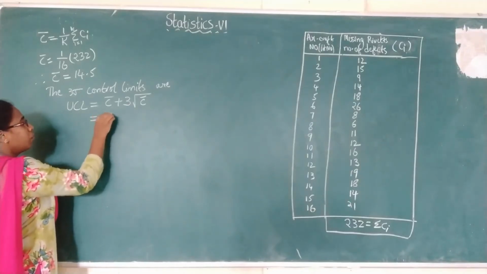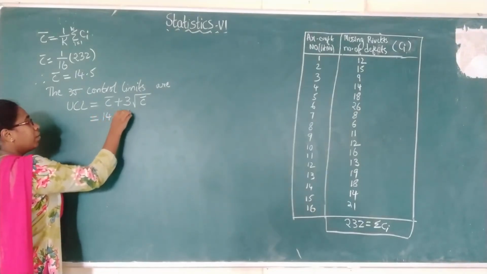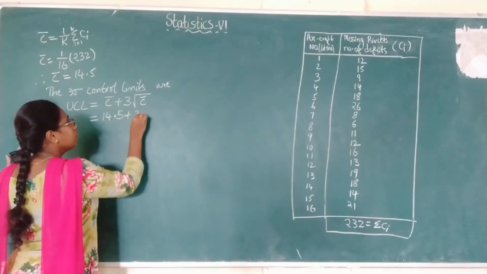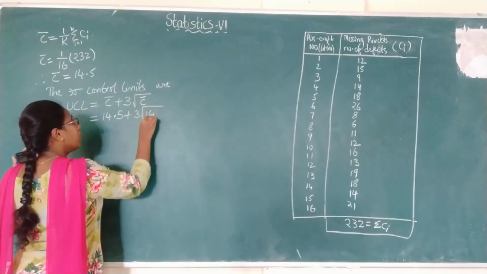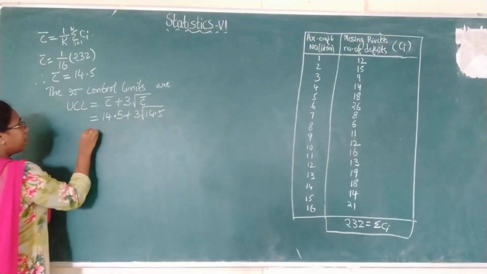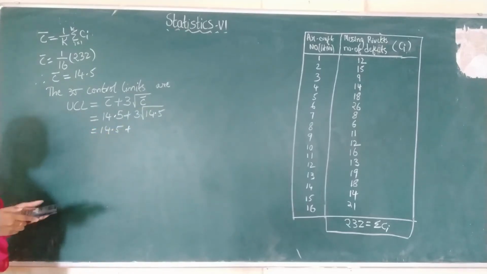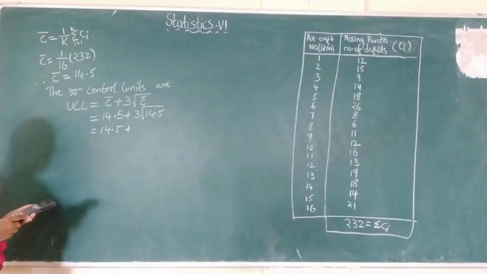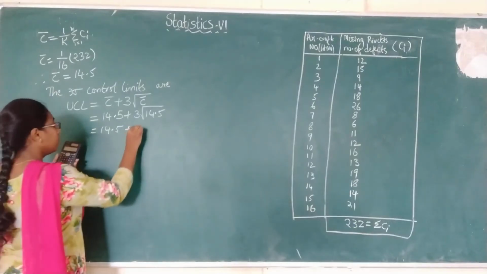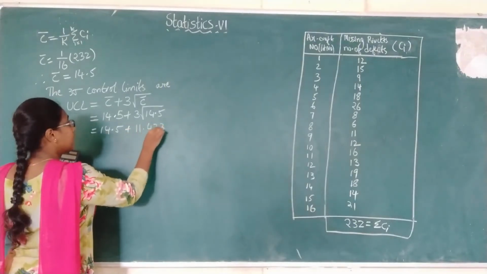Substitute that value. 14.5 plus 3 into root of 14.5. That is 11.4237.